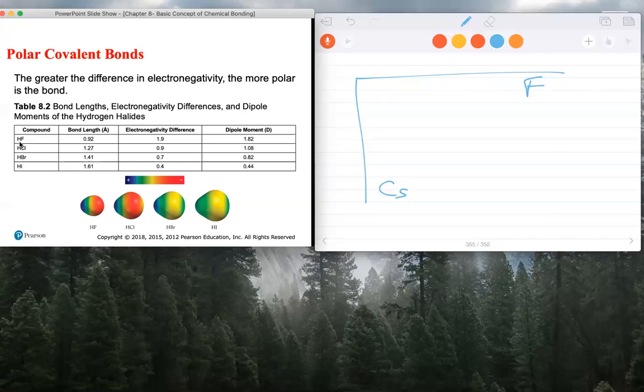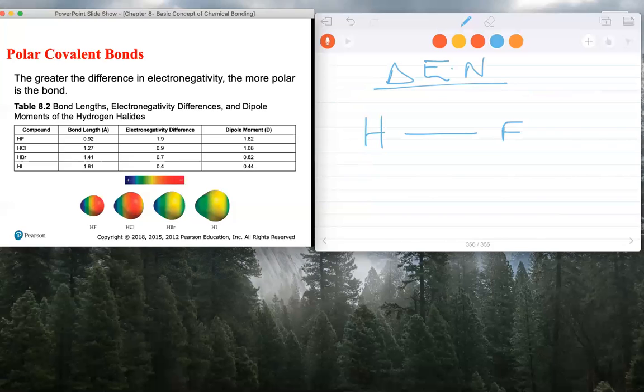For example, here, hydrofluoric, hydrochloric, hydrobromic, and hydroiodic acid: the bond length and electronegativity values. You see the electronegativity difference. In hydrogen fluoride, you'll be given these values. We call this difference the change in electronegativity.